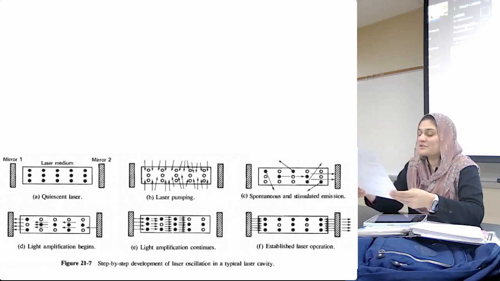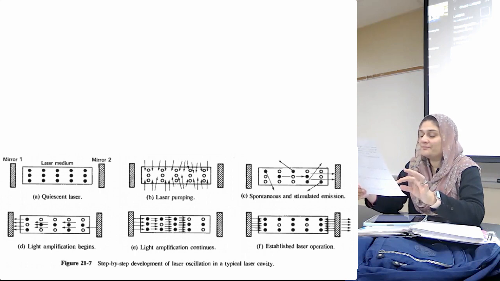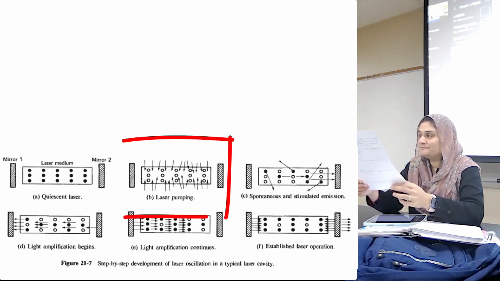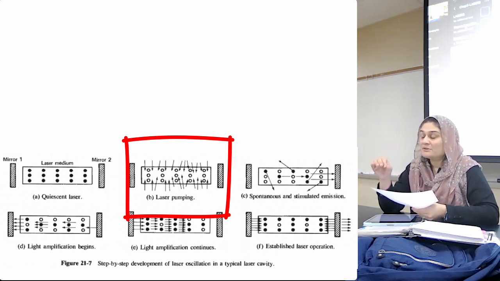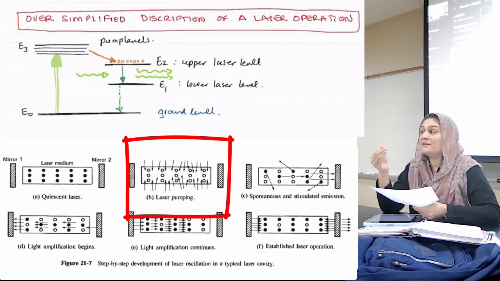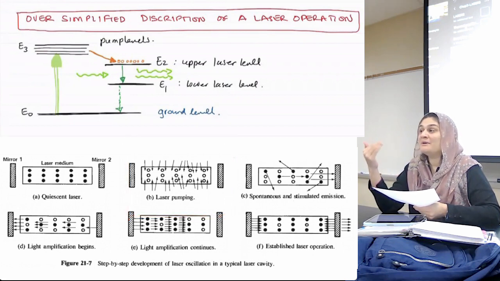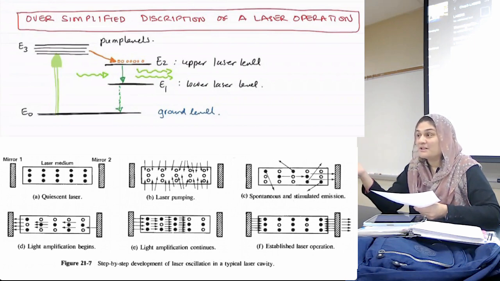Okay, so look at these pictures again, the ones at the end. I want you to look at picture number B. So when the laser is being pumped, remember it goes to all E3. E3 could be many different ones. But then it falls down to E2. And then emission starts.